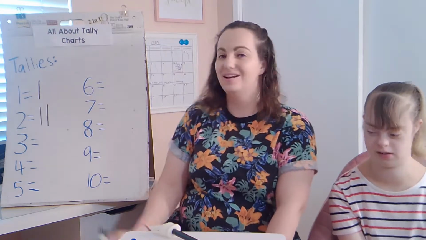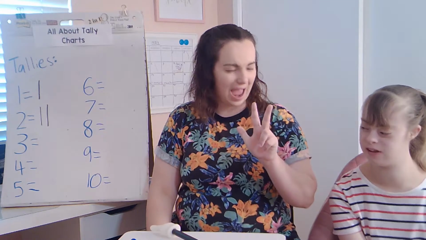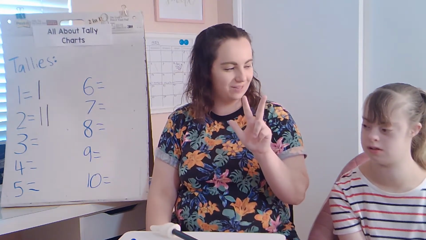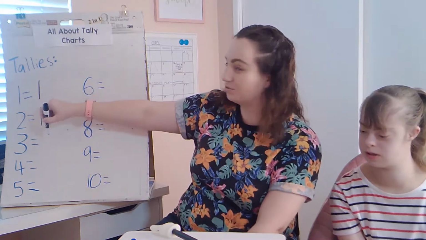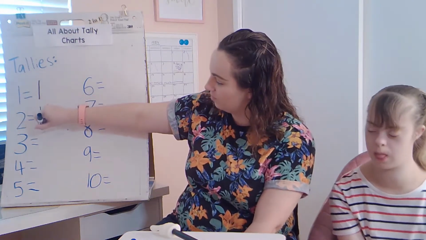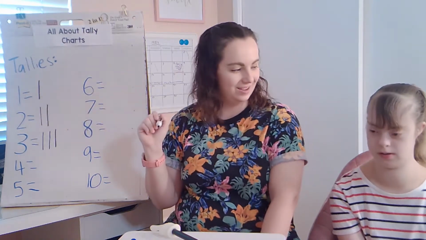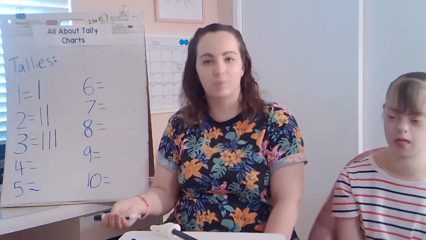Now, let's look at how we'd write the number 3. How many tallies do you think I'll have to write to show the number 3? 3, yeah. To show 3 in tallies, we'll go 1, 2, 3. It's like when we would use them to keep track of votes in our classroom party.